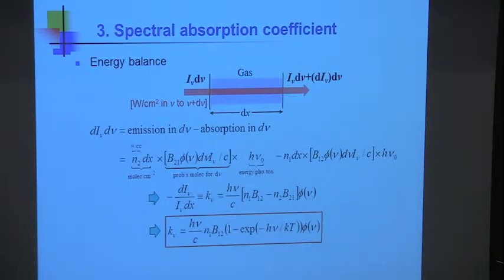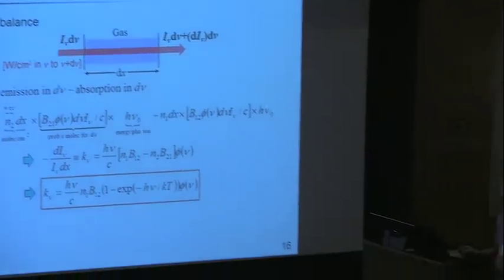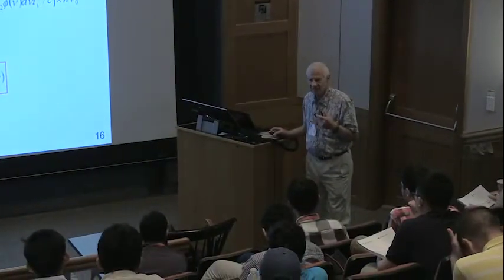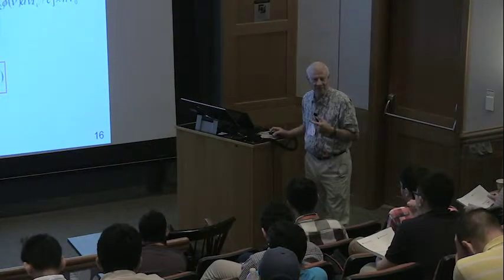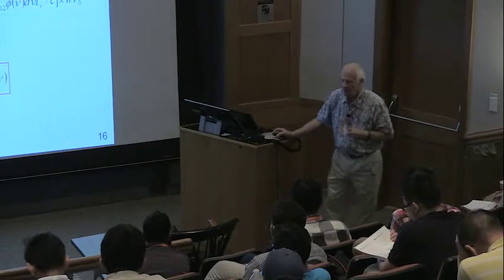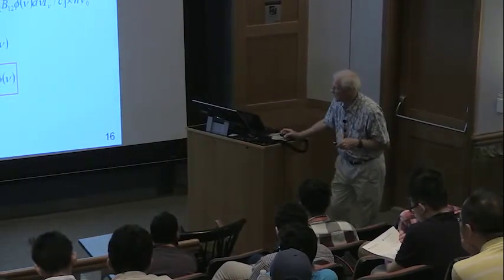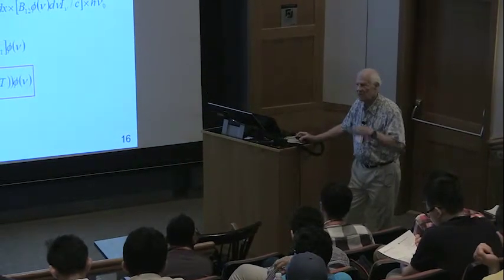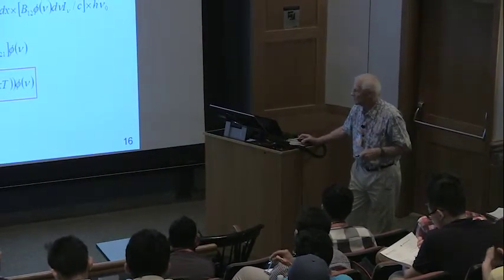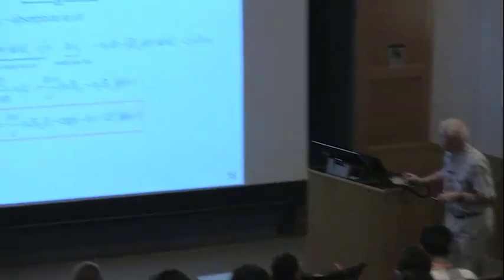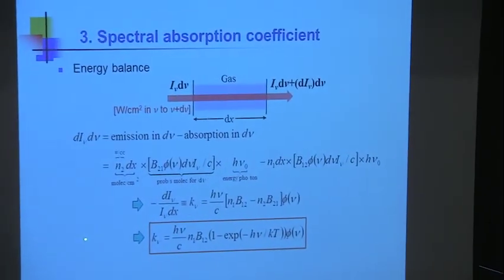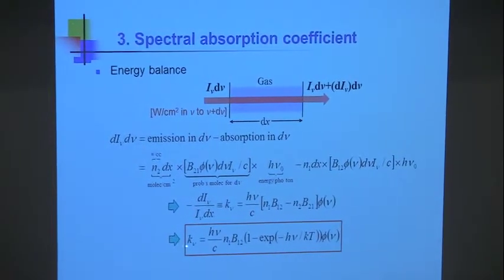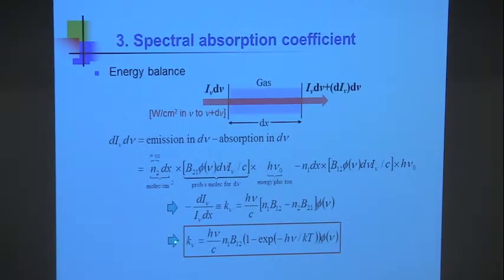Remember, this is the number density in a state. So if you want the number density of the species, what do I need to do? Invoke the Boltzmann relationship. The Boltzmann relationship tells me what fraction of species are in level 1. You have to tell me the temperature. You have to tell me the energy of that state. So I'm going to go from my measurement of transmission and the knowledge of the length to the measured absorption coefficient.